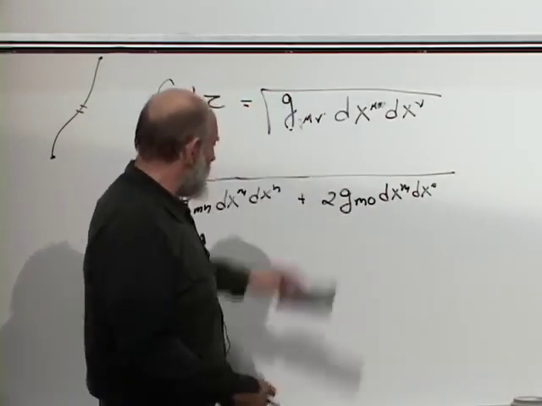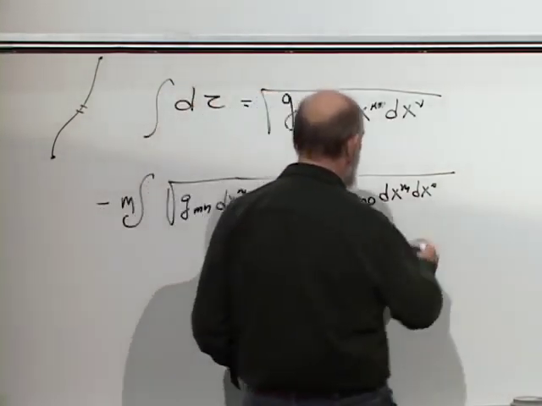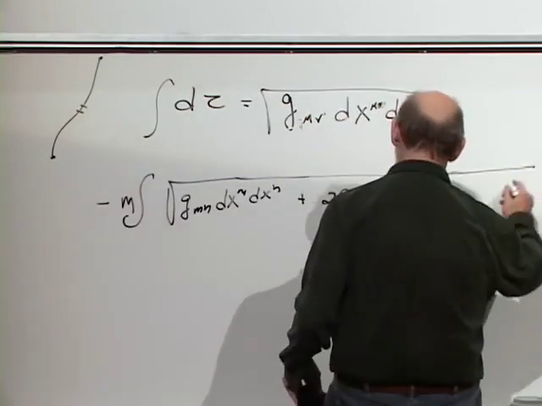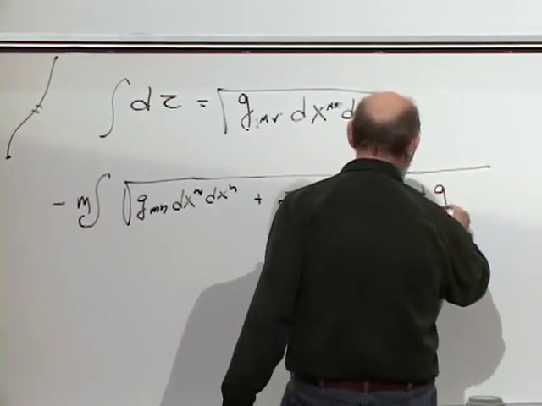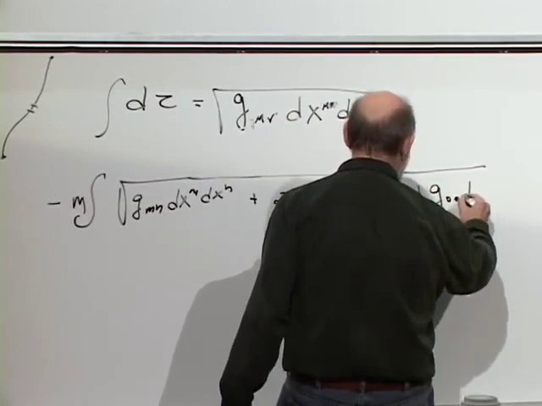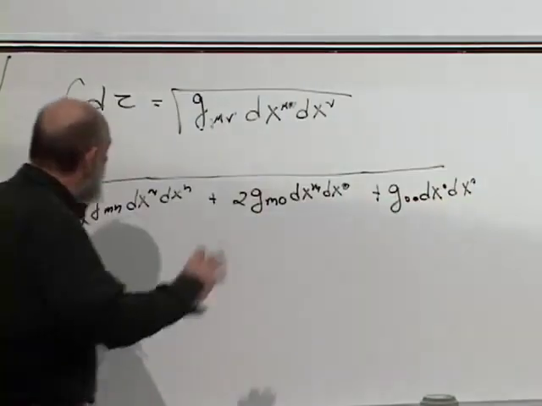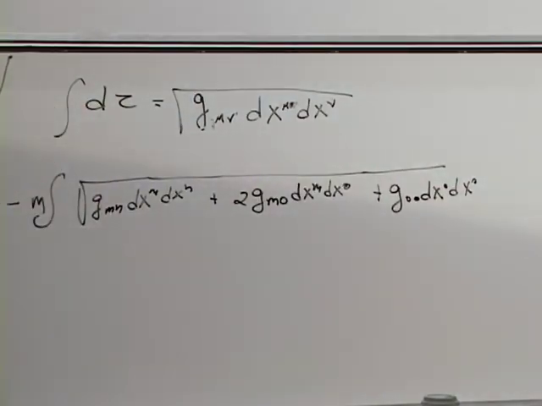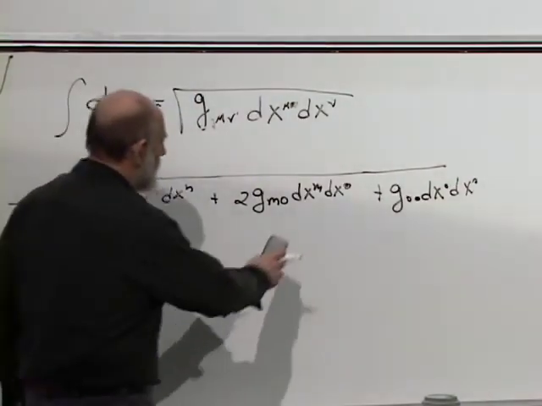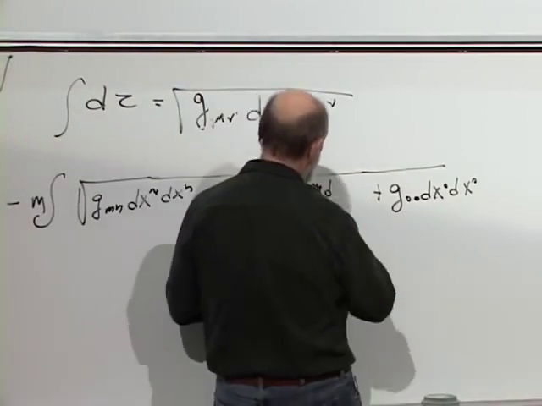All right, so I just wrote it this way, g_m0 dx^m dx^0. And then the last term is plus g_00 dx^0 dx^0. Now let's call dx^0, let's call it t. Let's call it x^0 t. So this just becomes dt.